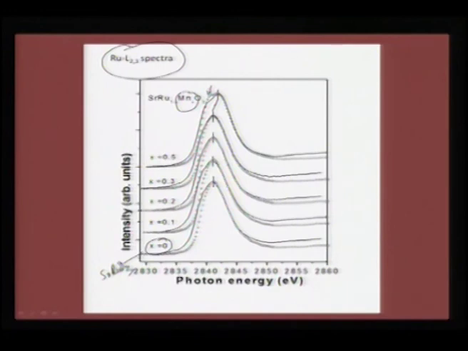So that clearly says that there is a shift in the ruthenium valence. So instead of 4 plus ruthenium, there seems to be a shift to a higher valence state, because the shift is towards higher energy. Therefore it should be ruthenium 4 to either ruthenium 5 or ruthenium 6. This much we can analyze from there.